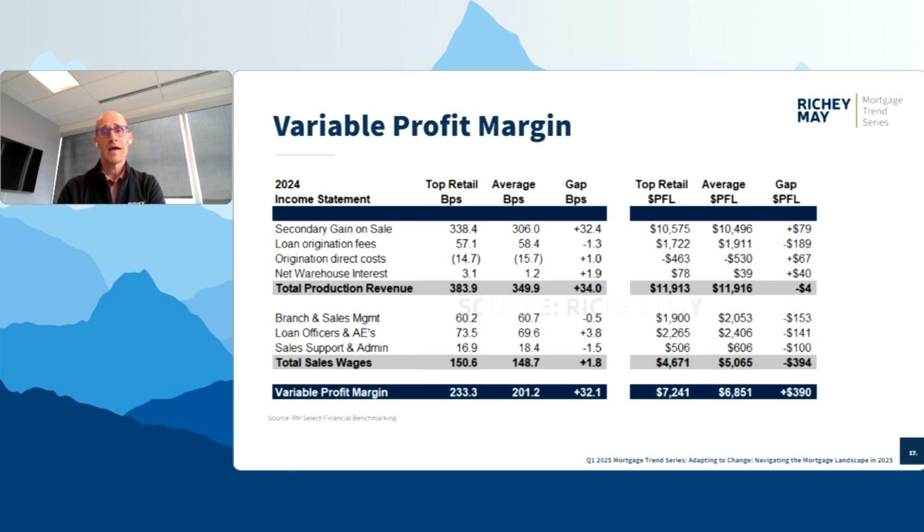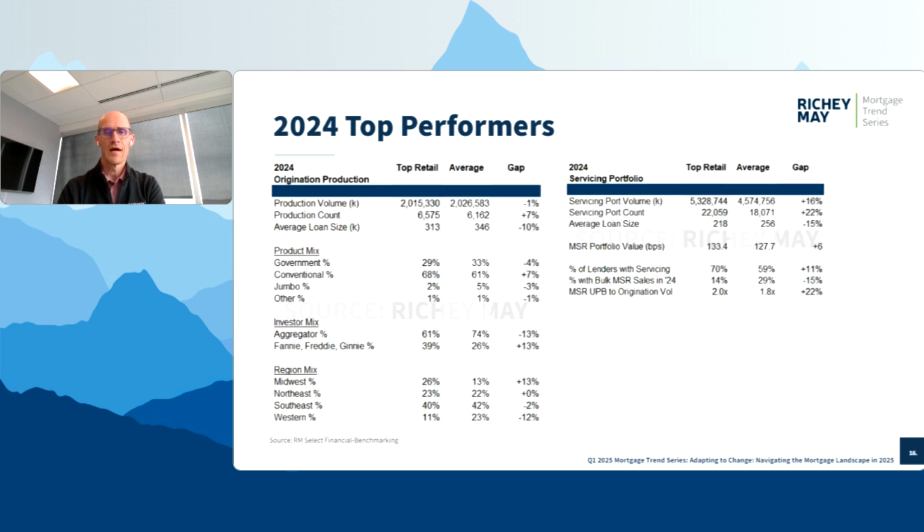And so that myth that is commonly floated out there is also not accurate. The gain on sale does not have a whole lot to do with differences in the marks used by the top performers versus the rest.